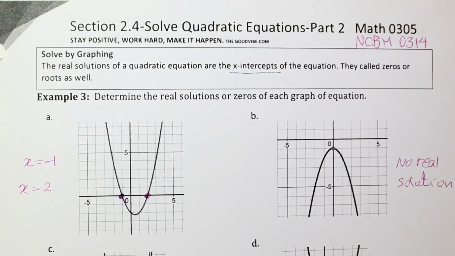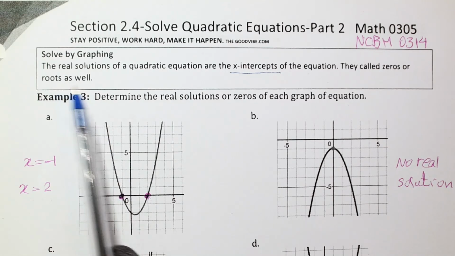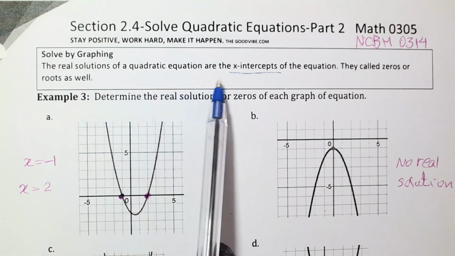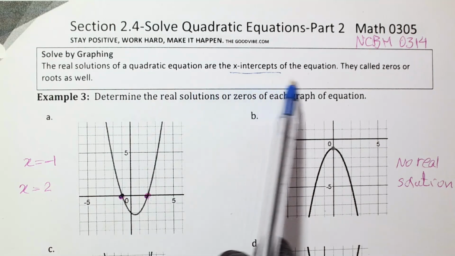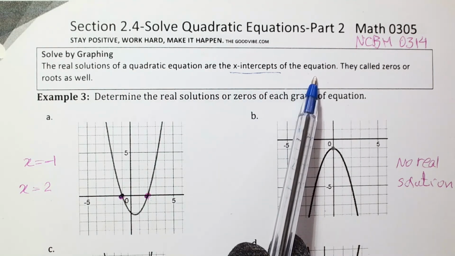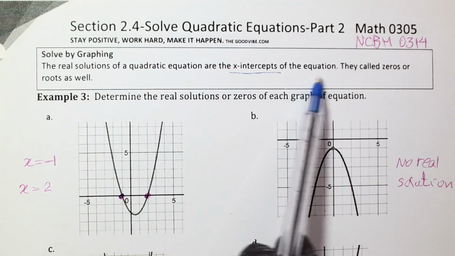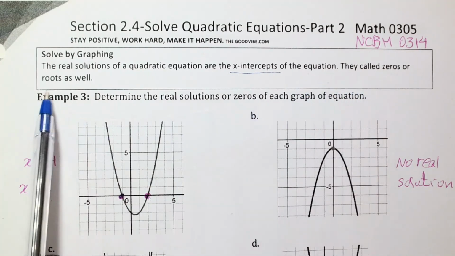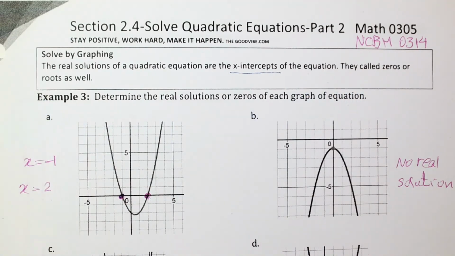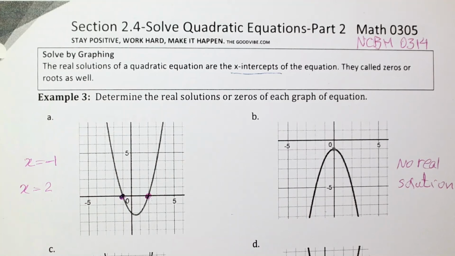Another method to solve a quadratic equation is by graphing. You see here, it says the real solutions of a quadratic equation are the x-intercepts of the equation, that we call zeros or roots as well. The graph of a quadratic equation or quadratic function is a parabola.